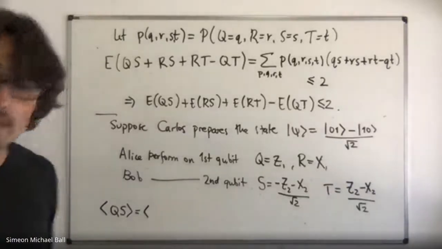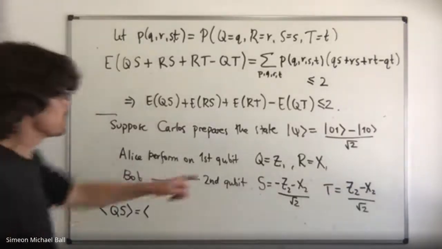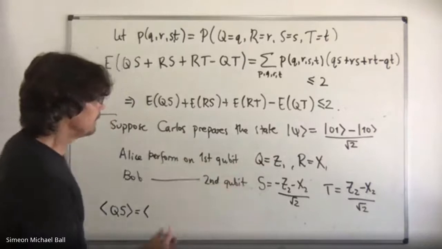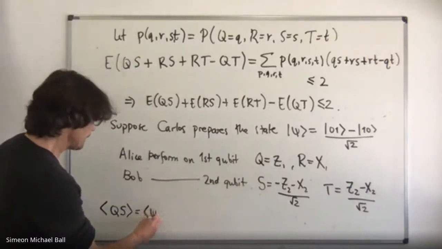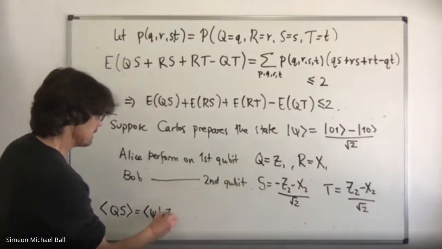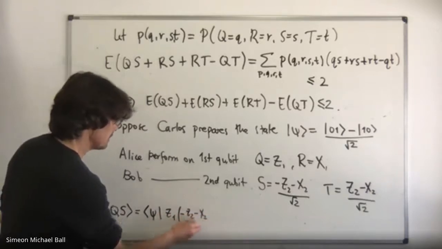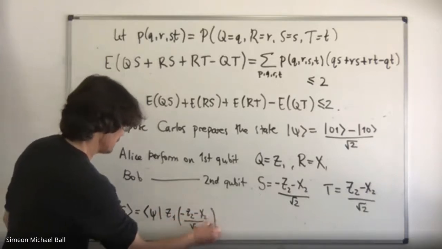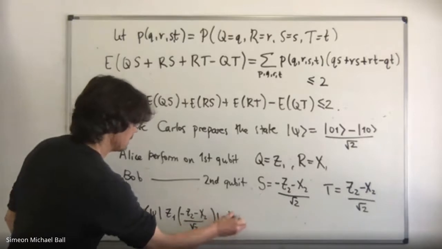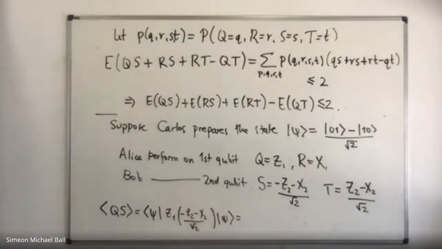Note that they are Hermitian, well, they are Hermitian when we put them together. So this will be psi, Z1 minus Z2 minus X2 divided by root 2, psi here. Okay, so we can calculate this. I'll do this one for you and you'll see, and then I'll tell you what happens to the other ones.